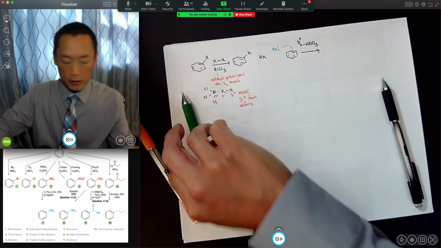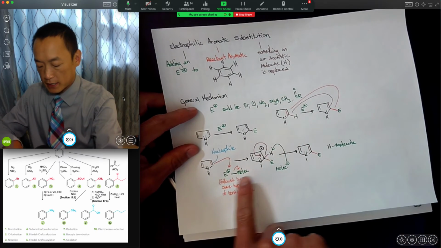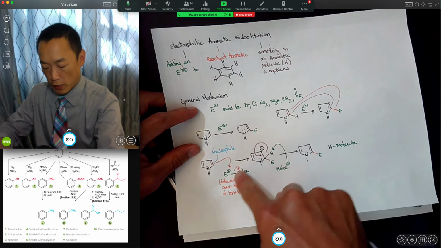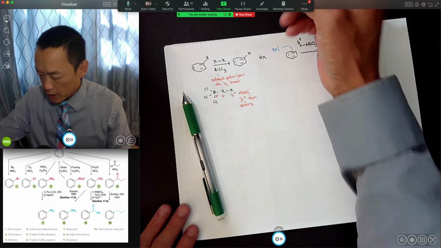Well, then, if I have a general reaction mechanism that states one of the pi bonds in my aromatic system will react with the electrophile and something will happen, well, then I have to make the case that that's true.